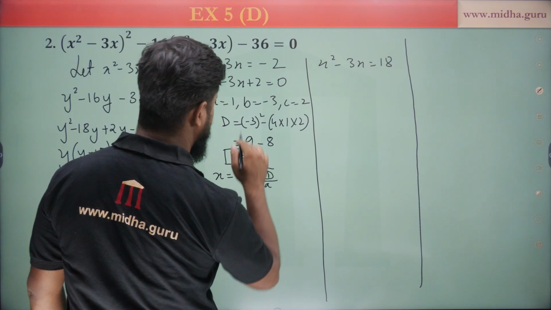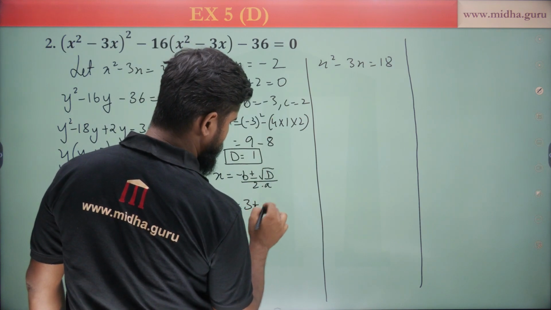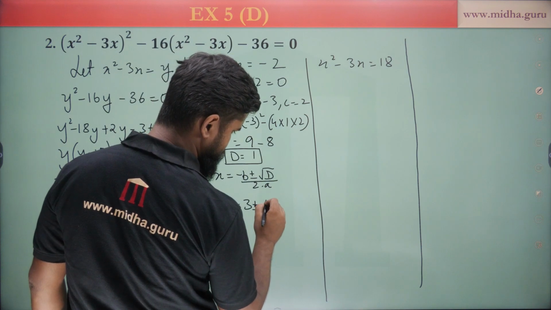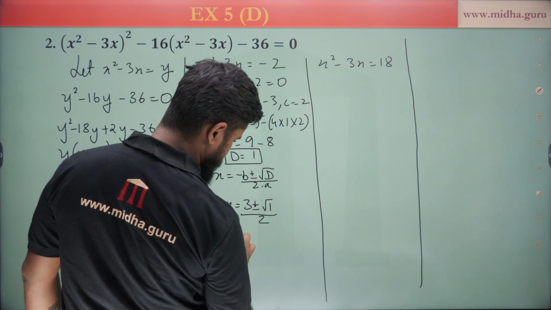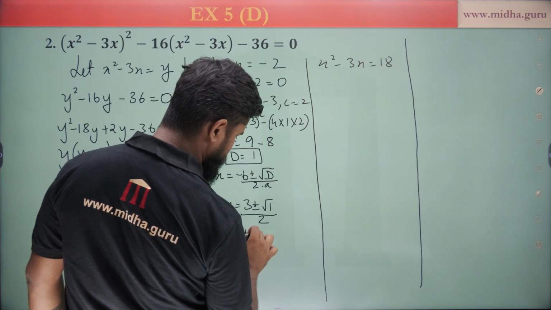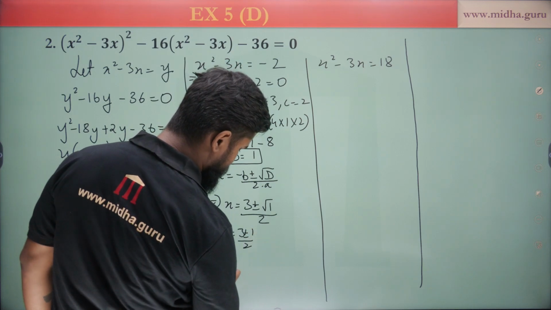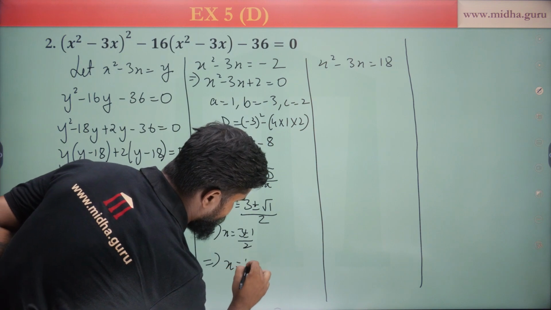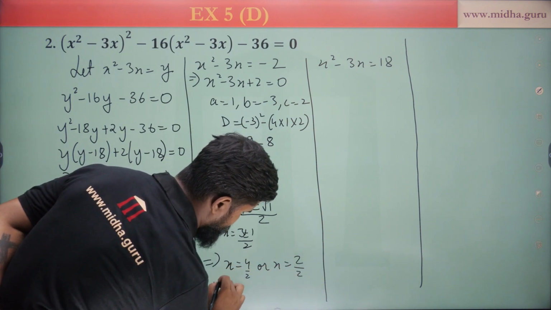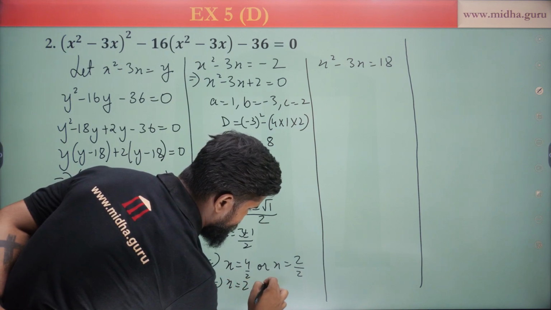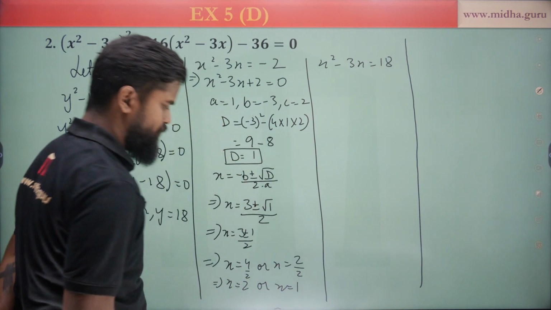So x is equal to minus b, being 3, plus or minus the root of 1, by twice of a, which is 1, so 2. So x is either equal to 3 plus 1 by 2 or 3 minus 1 by 2. So x is equal to 4 by 2 or x is equal to 2 by 2, which means x is equal to 2 or x is equal to 1.